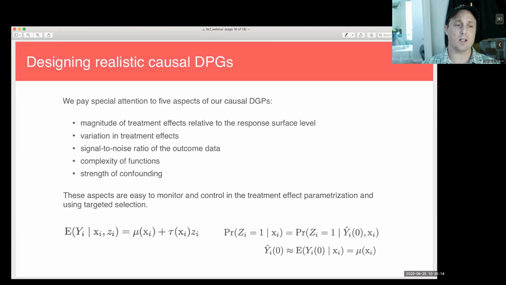So specifically, on the issue of realistic causal DGPs, we pay attention to 5 things in our causal DGPs. So the first one is we look at the magnitude of treatment effects relative to the response surface level. So in our notation, how big is tau, or the extremes of tau, relative to mu?